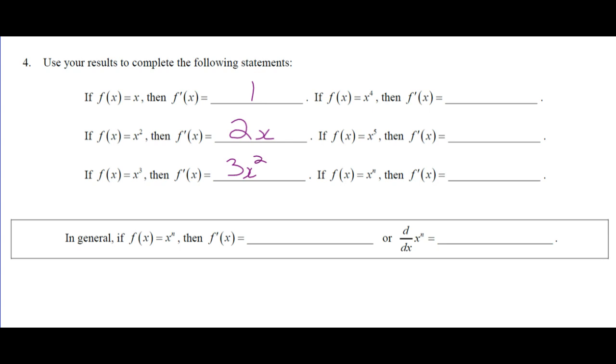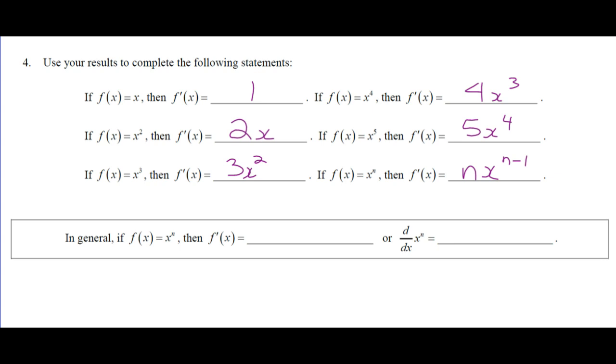What if we had x to the 4th? 4x cubed. What if we had x to the 5th? 5x to the 4th. What if we had x to the power of n? And x to the n minus 1.